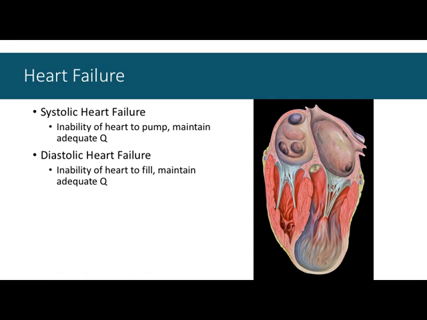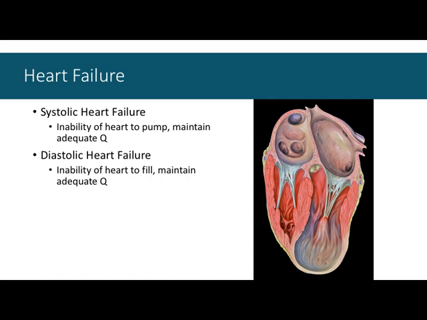In both cases, cardiac output is compromised, but the reason for that compromise is different. In systolic heart failure, there's some obstruction, some deficiency of normal function of the heart, so that it can't supply blood to the periphery.